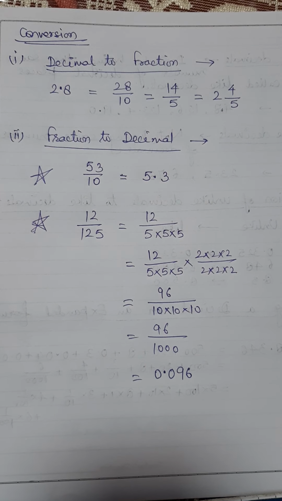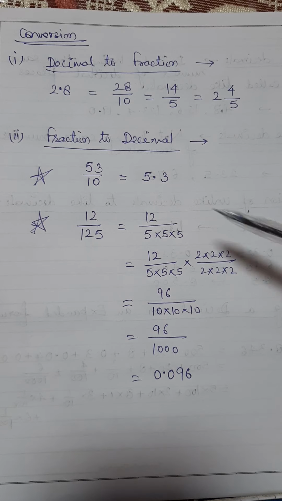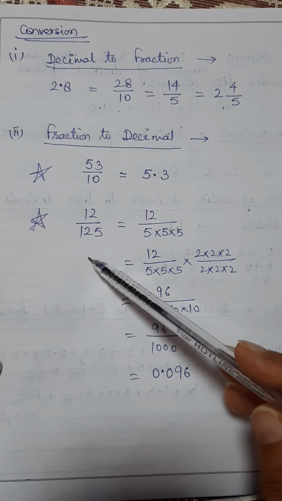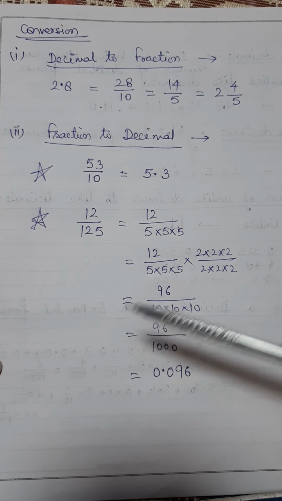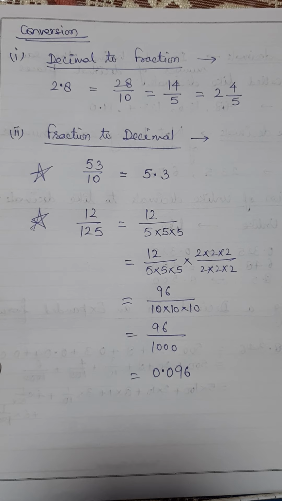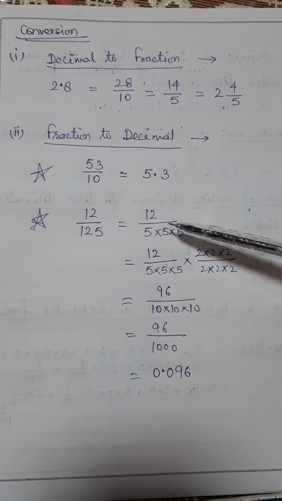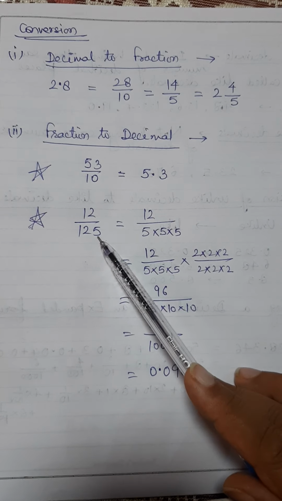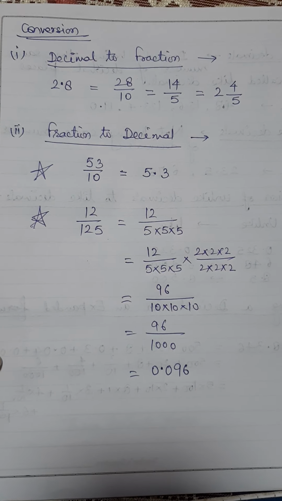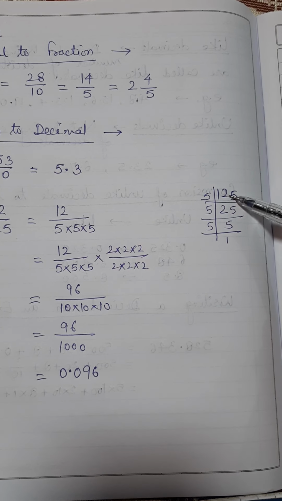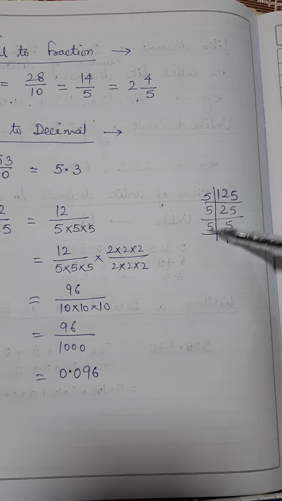Right, now the next one is 12 upon 125. Now here we don't have zeros in the denominator. So first we have to convert it into zeros, 10, 100 or 1000. To do this, just find the factors of the denominator, right? Doing factors of 125, we have three 5s.